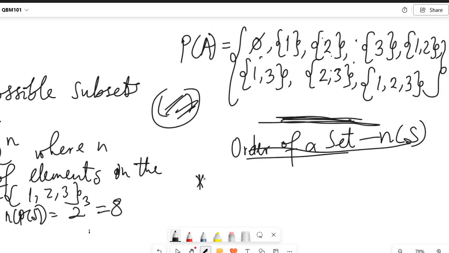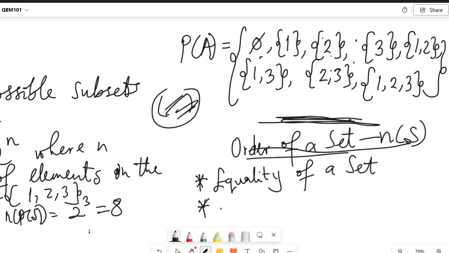Then we also have something called equality of sets. Now, when are sets said to be equal? I'm going to give us two concepts that are quite similar, but they are not the same: equality of sets and equivalence of sets.